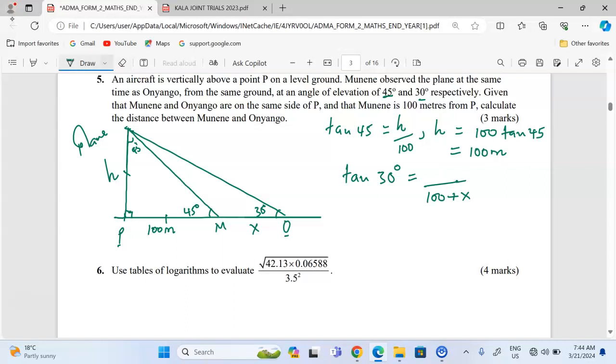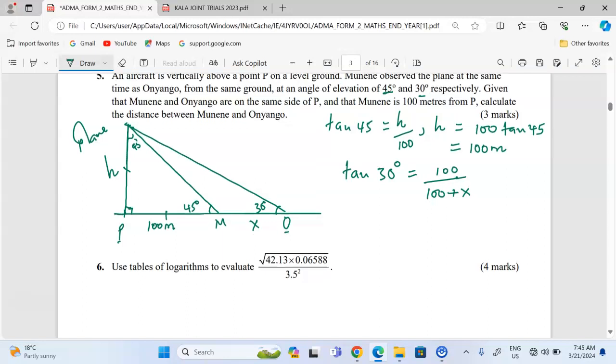In this case, remember the value of h is known. We can even talk about the specific height, which is 100.